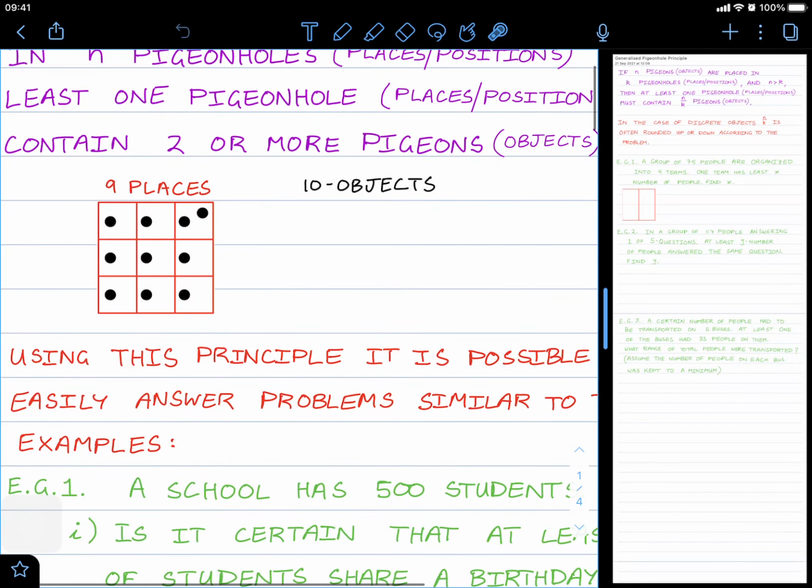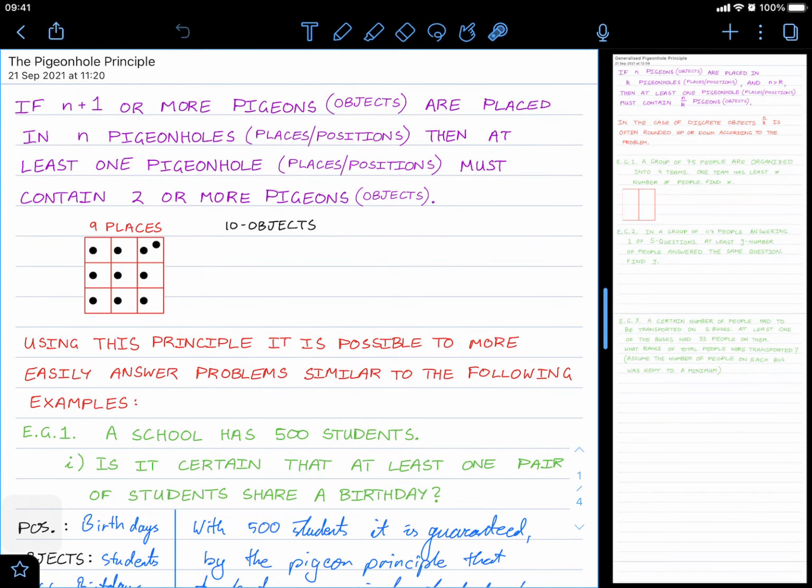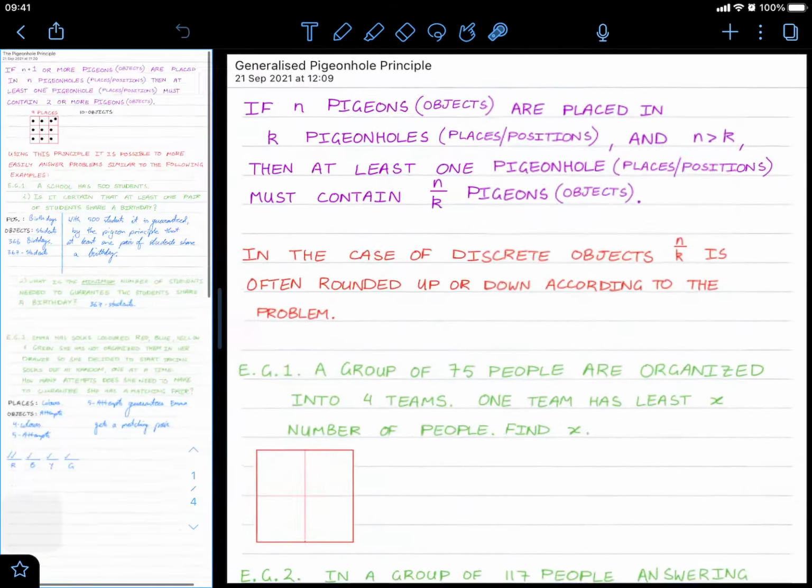And we saw this demonstrated with 9 positions and 10 objects, and that when we fully saturated or filled up the 9 positions, we had one remainder that had to go into at least one of the positions, and that fulfills the pigeonhole principle. Okay, and we saw that demonstrated here with the different examples.